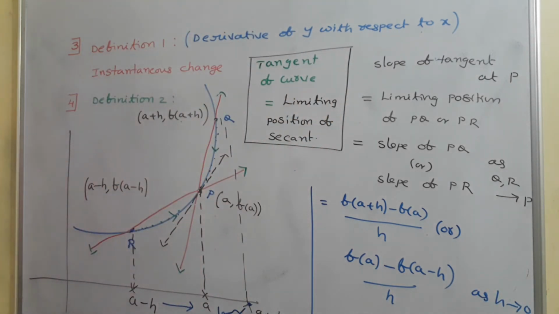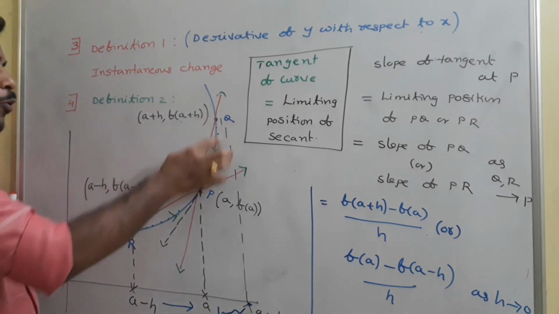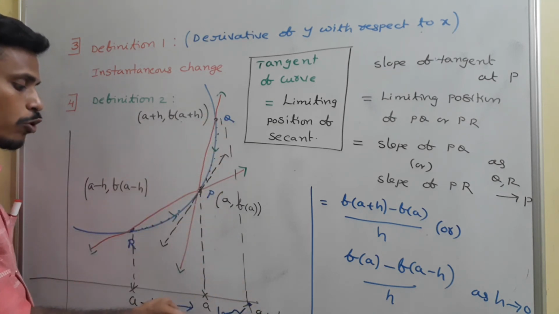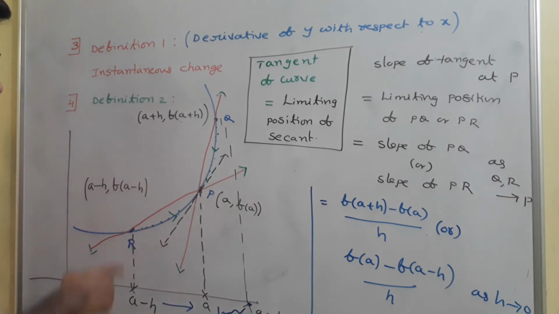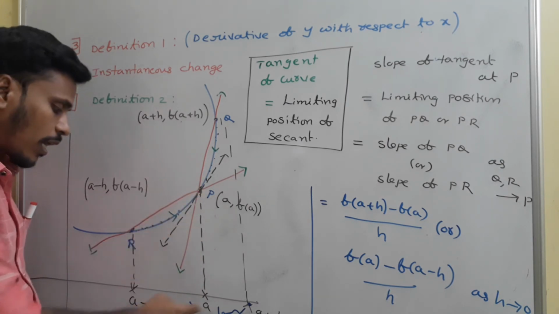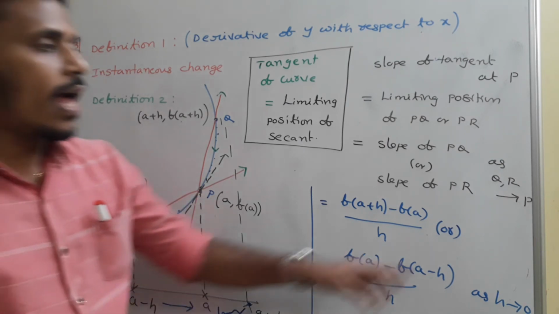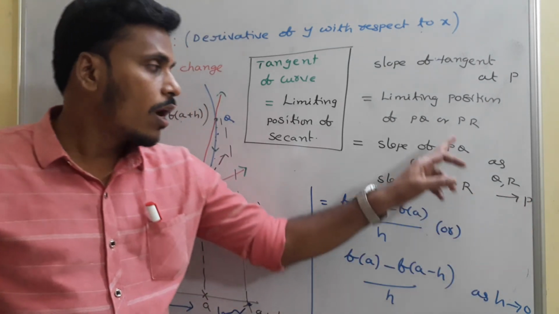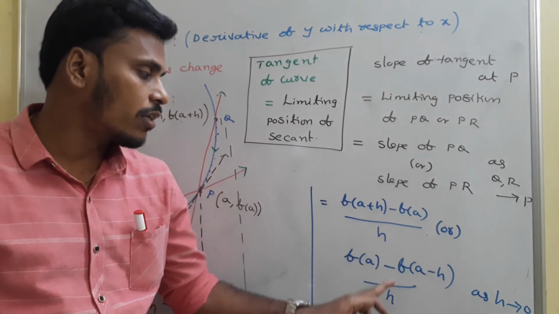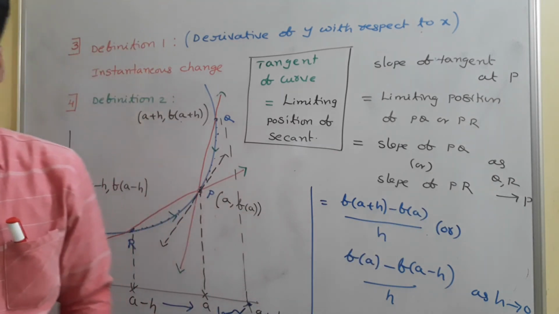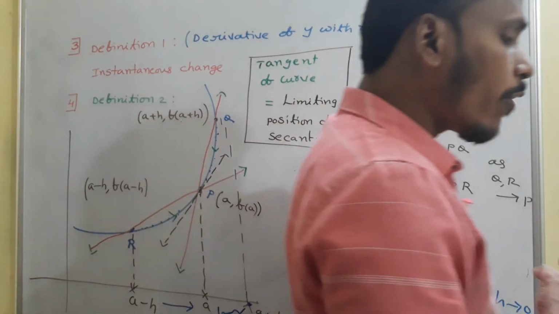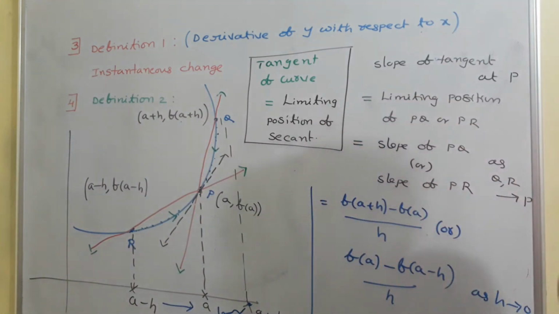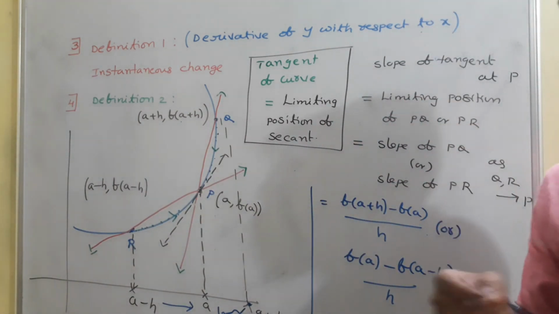As h tends to 0, because Q approaches P, a plus h approaches a and h becomes 0. Or if R approaches P, then also h tends to 0. So Q, R tending to P is simply h tending to 0, and the slopes of PQ and PR are just in this way. Have a look. So the derivative of y with respect to x is the slope of the tangent for the curve at the point.